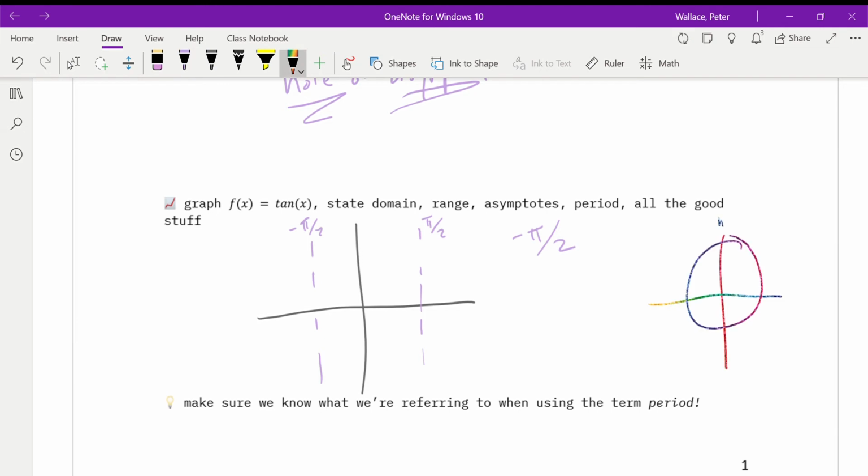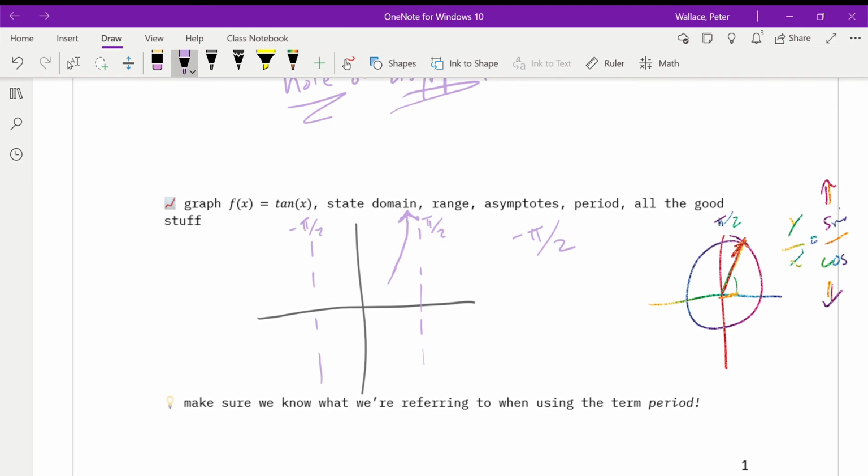When we're getting really close to pi over 2 on our unit circle, this angle is getting really big. Our cosine, our x, is shrinking, and our y is getting really big. So it's y over x, or sine over cosine, and sine is getting really big, and cosine is getting really small. So we would imagine that this is going to get really big in a positive way.